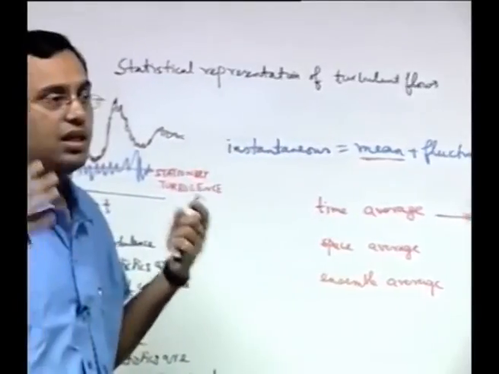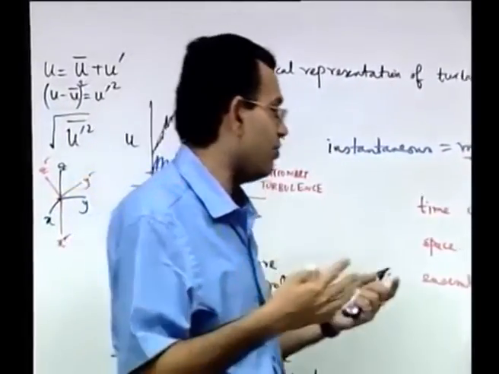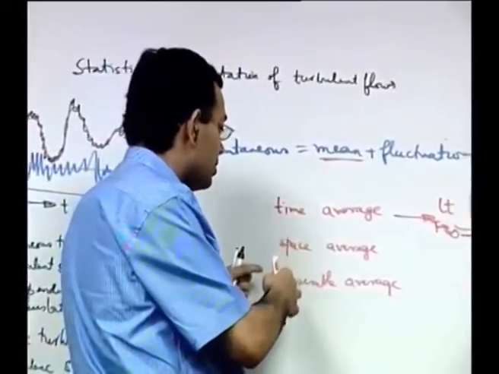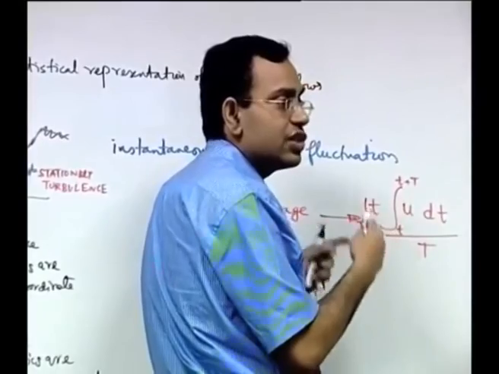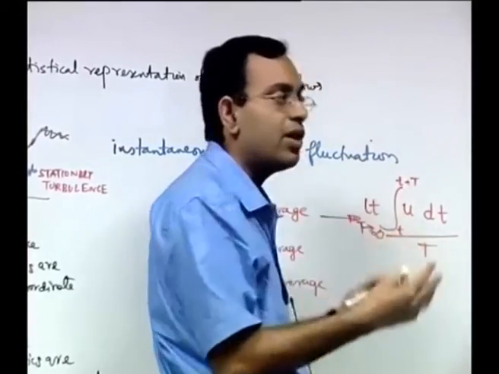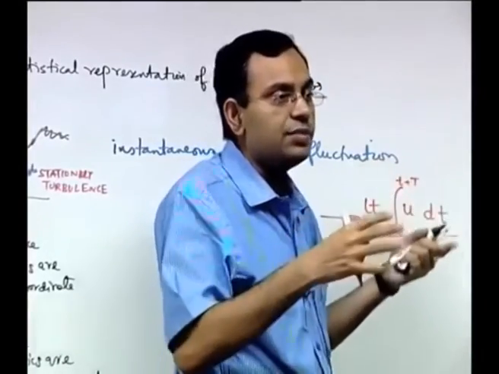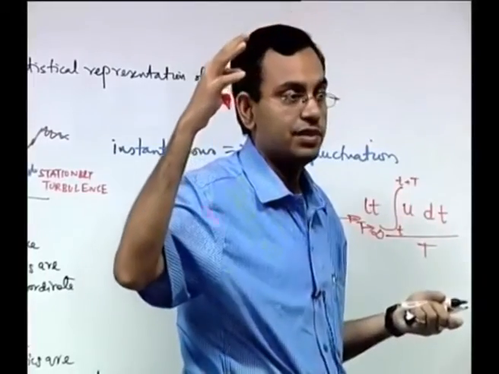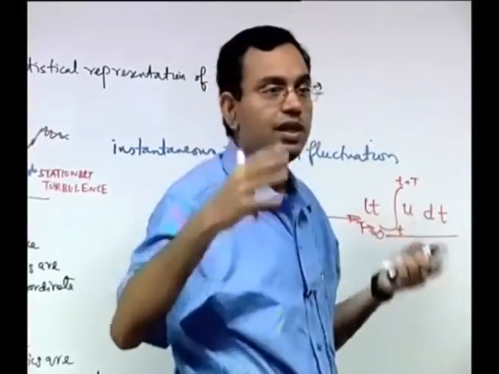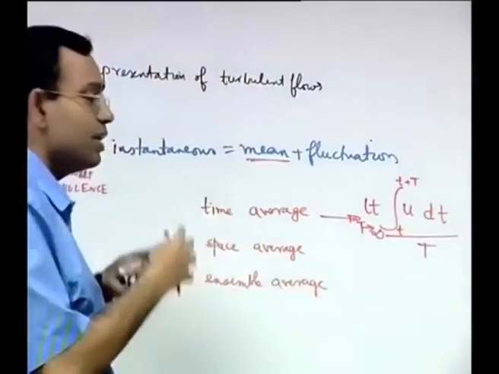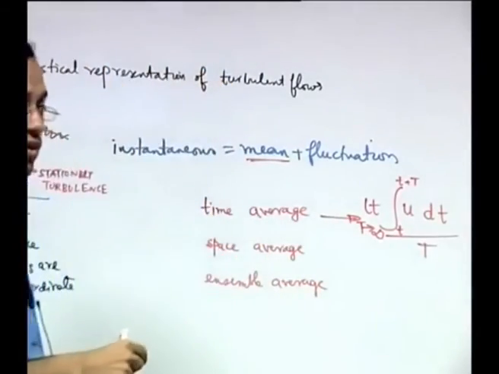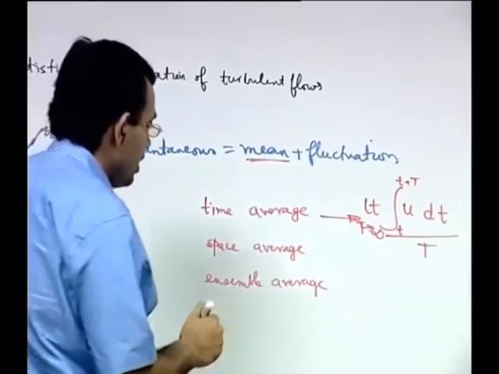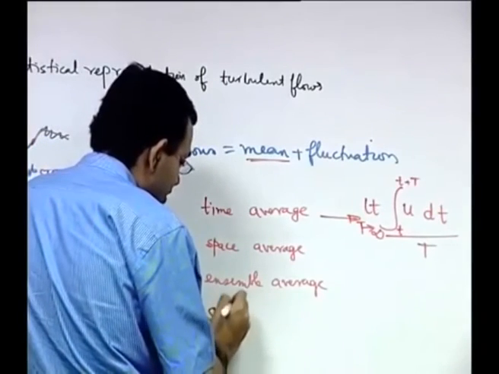It is a stochastic type of experiment: similar boundary conditions, similar arrangement, but many different experiments. All those experiments will give you an average, and that is known as the ensemble average.